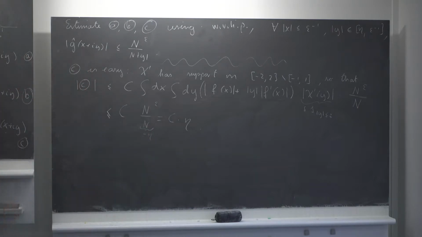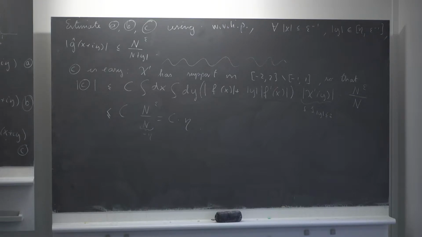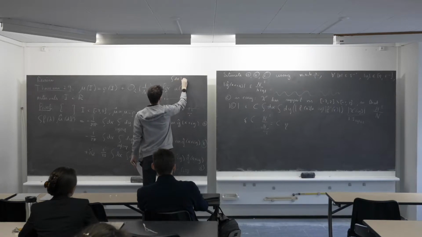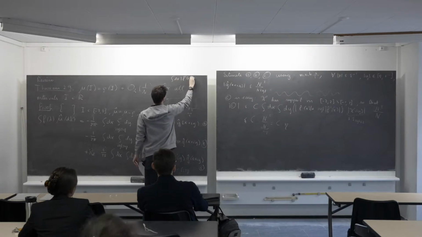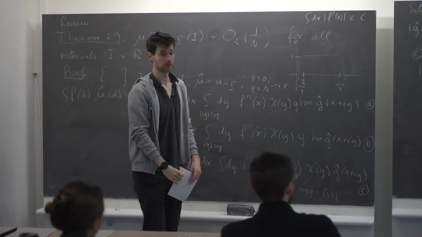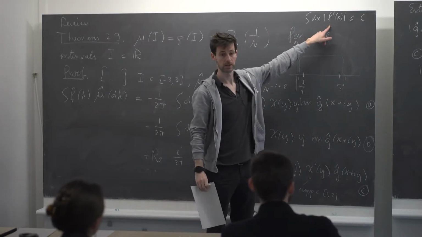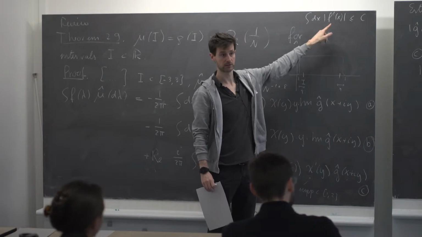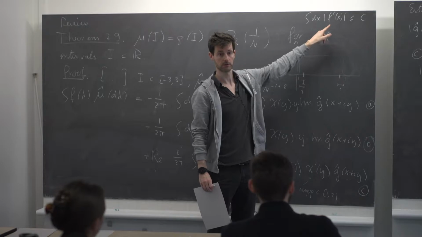But doesn't f prime depend on eta? It does, but the integral, if you recall, this was an important fact that we are using, the dx. So that's maybe a good thing to remember. We had this estimate, right? F prime is badly behaved, so the L infinity norm of F prime blows up like 1 over eta.